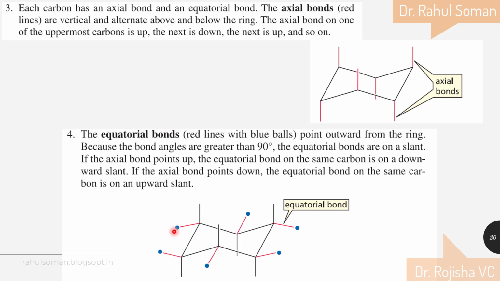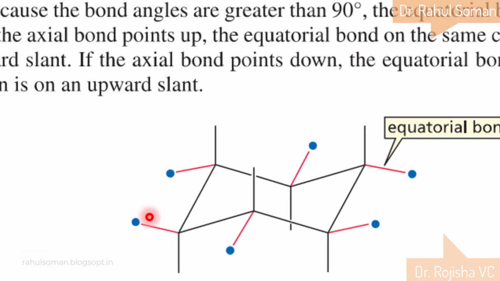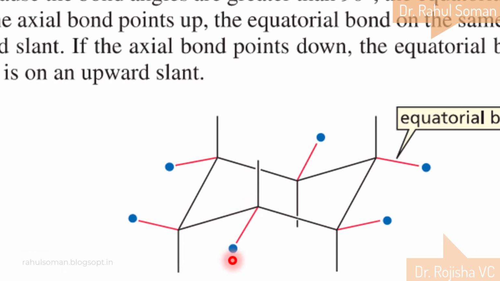Here the bond angle is 109 degrees, no? So we have to keep the bond angle between the axial and the equatorial bond close to 109 degrees. So we have to draw the equatorial bonds in a slanting position, which also indicates the bond angle is greater than 90.